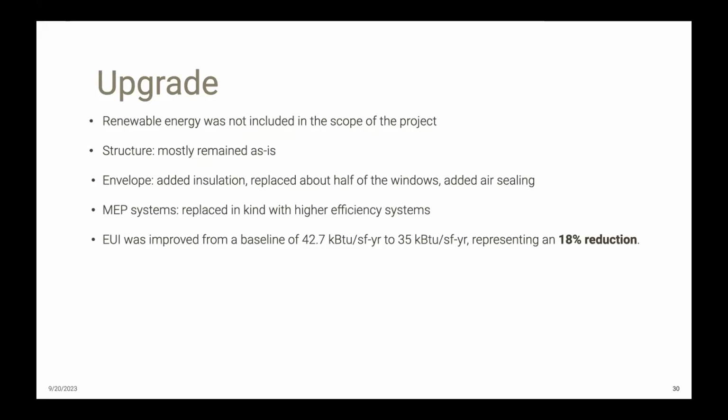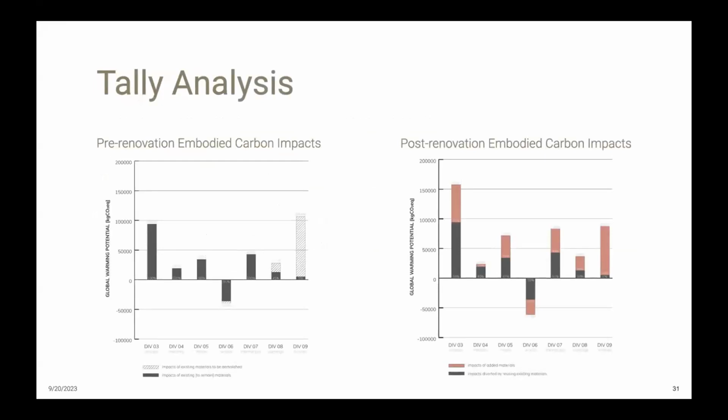And after we completed this project, we looked at how the building was performing and we thought, okay, well, we saved embodied carbon and we saved operational carbon, so we did a pretty good job. But after running Tally and revisiting the project and the CARE tool, we saw that the results painted a slightly different picture.